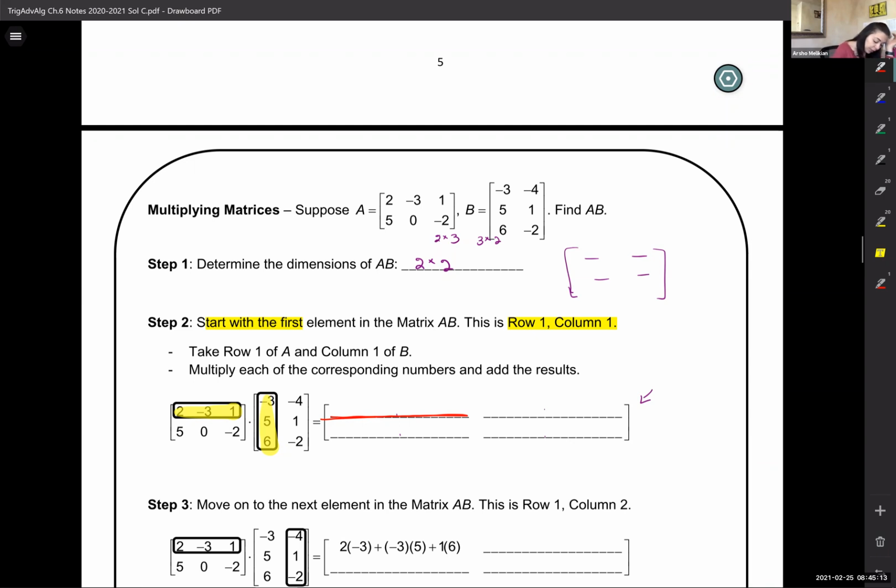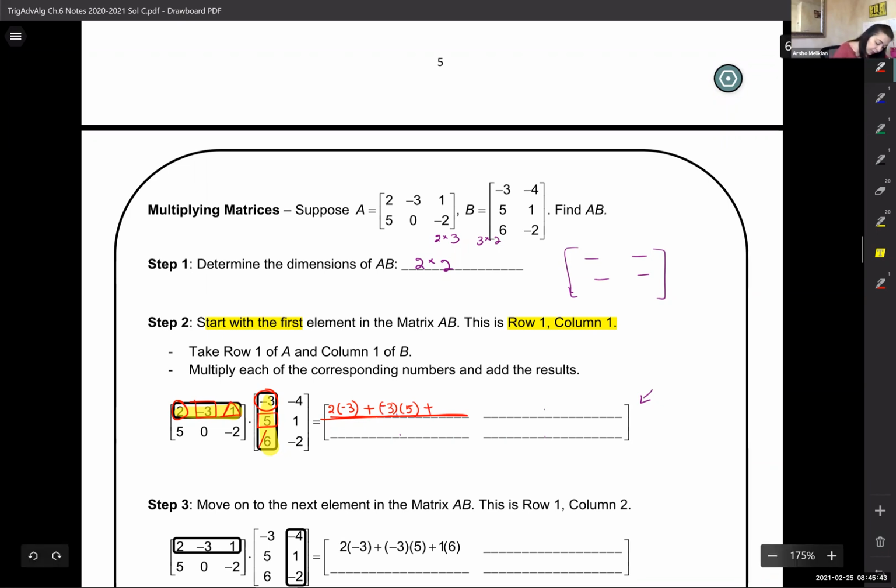Here's what you do. First number with the first number is 2 times negative 3 plus, okay, now watch my screen. Second number with the second number is negative 3 times 5 plus, go back to your matrix.